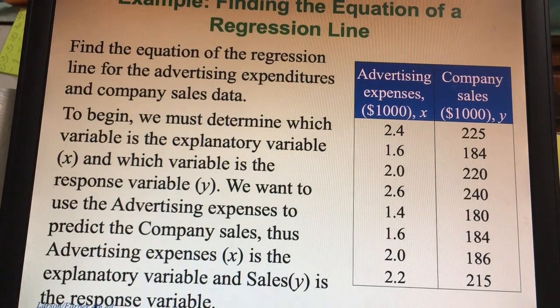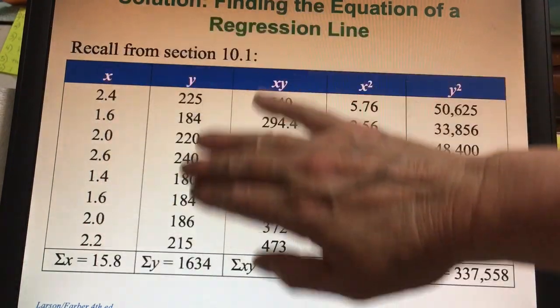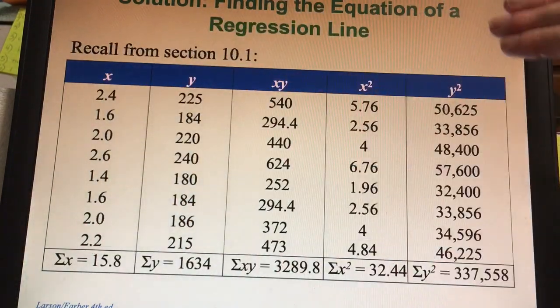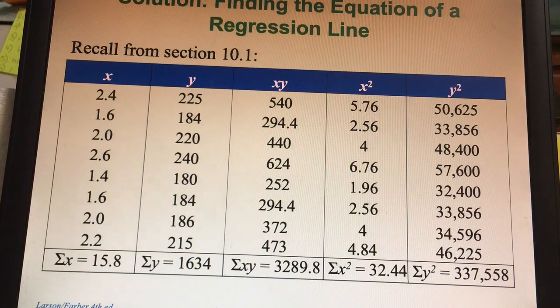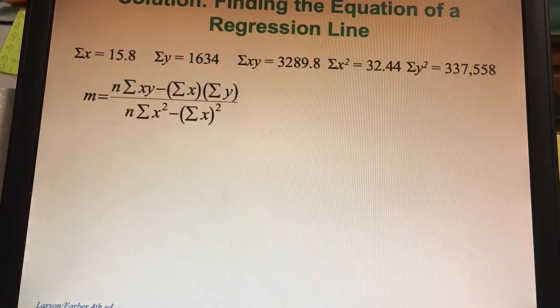So now, from 10.1, which was the last section, we had all of this data that we already had summed up for our correlation coefficient. There it is again. We didn't have to do anything new because we had already done it once.